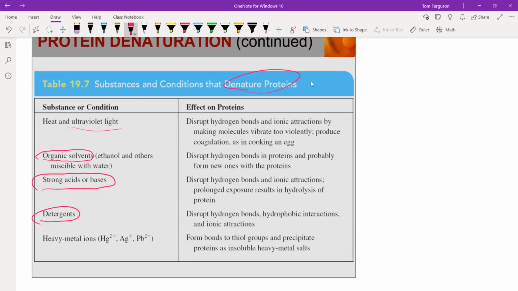Detergents mess up the interaction between the solvent and amino acid side chains. And I already mentioned this about heavy metals. Those will bind to the thiols on the cysteine amino acid.